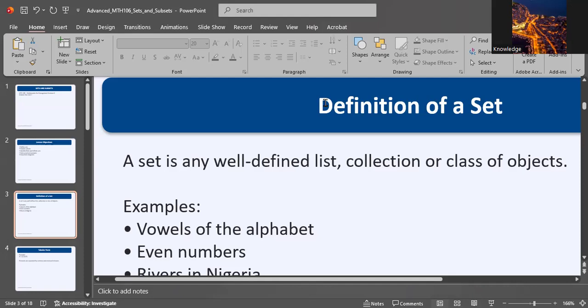You'll see that there are some things you kept in the kitchen that are meant for the kitchen. Why? That's because you've employed the idea of set to make sure that the things that are in the kitchen are not found in the parlor. That's orderliness. You are arranging your house for accessibility, for easiness of operation. So when I enter the parlor, I already know things that are meant for the parlor.